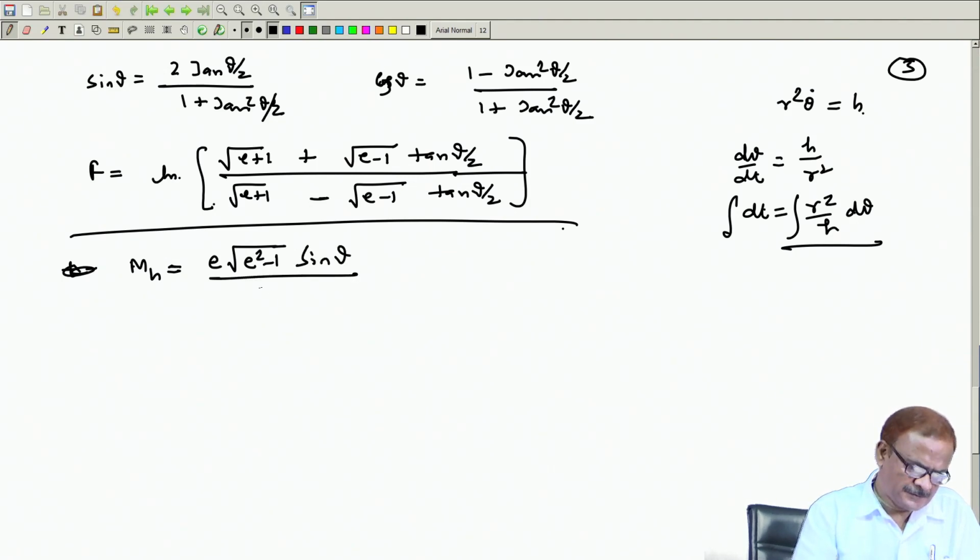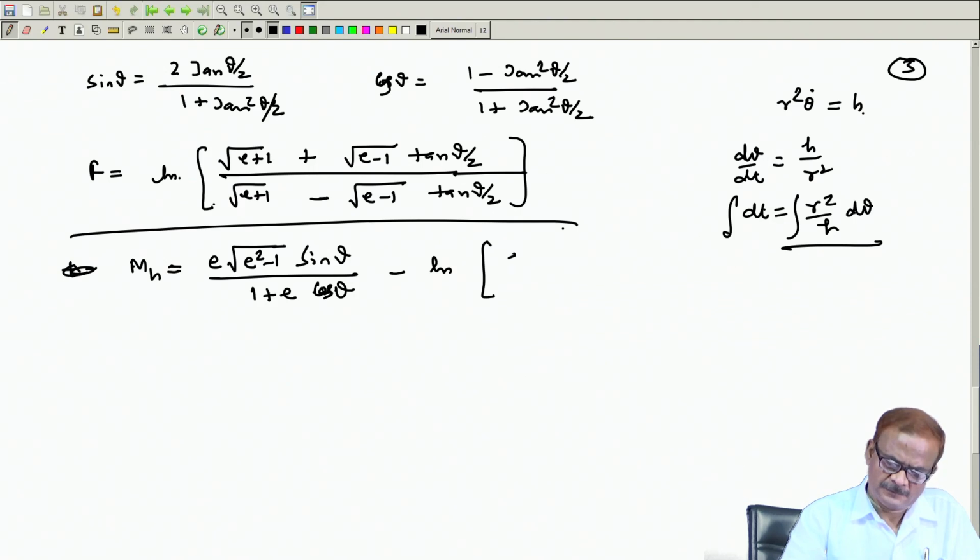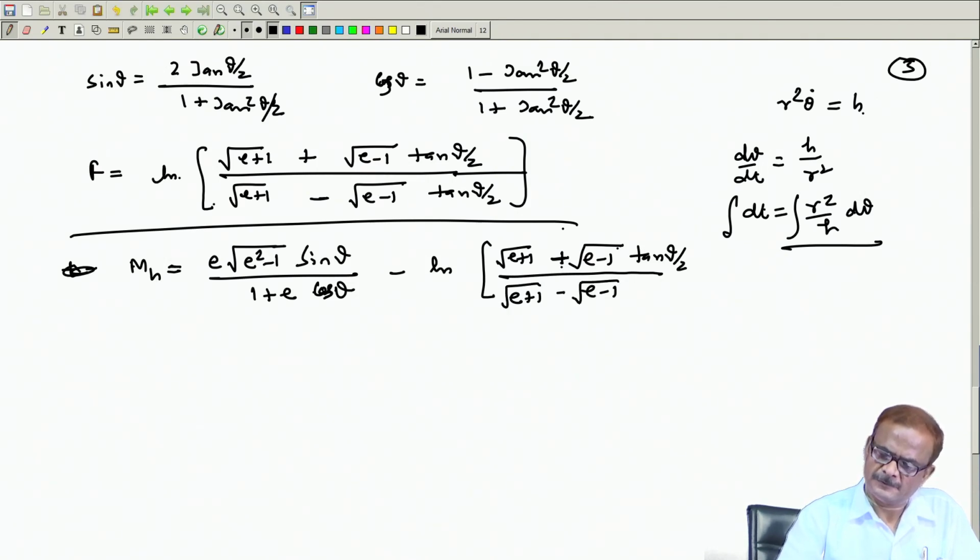Okay, so this quantity is cos theta minus under root E plus 1, tan theta by 2, this will be plus here, and under root E plus 1 minus under root E minus 1 tan theta by 2.